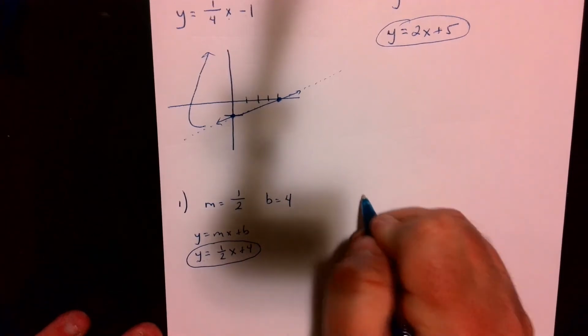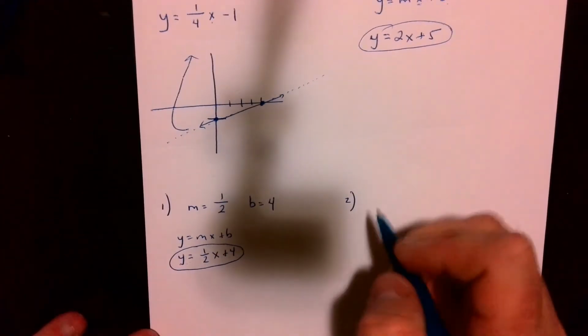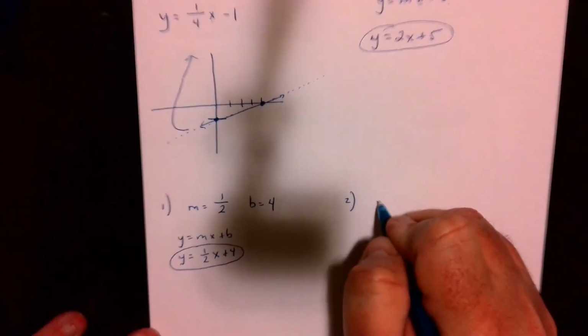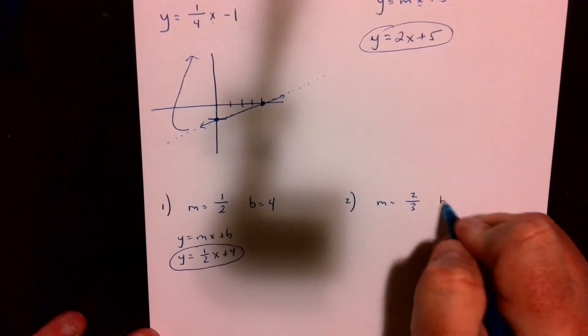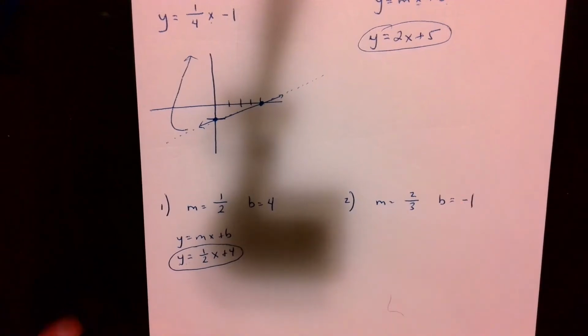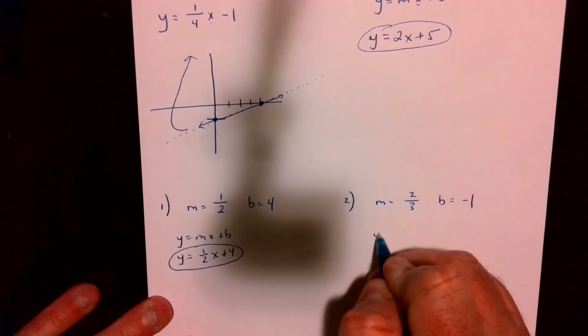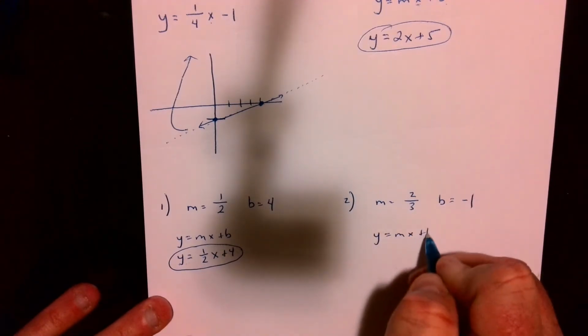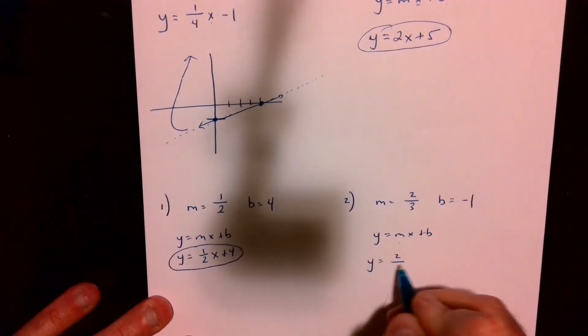Okay? If I give you this situation, if I said you had m equals 2/3 and b equals -1. Okay, watch on this one, be careful. So y equals mx plus b. Y equals not m, but m, yes, is 2/3, so 2/3 x.